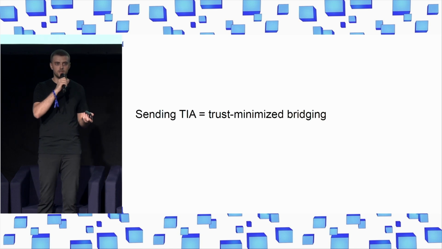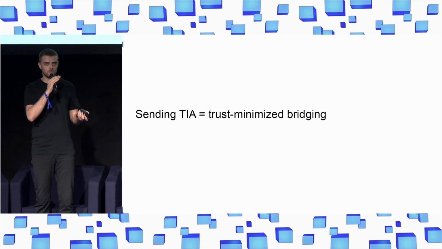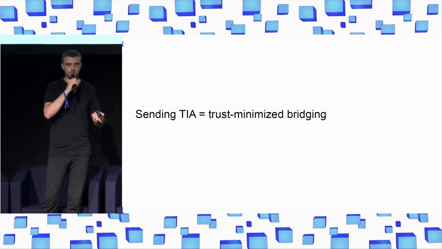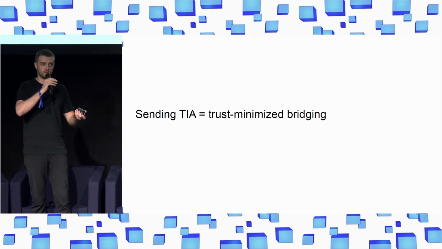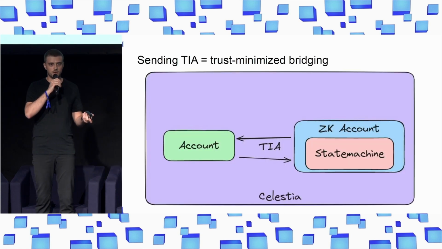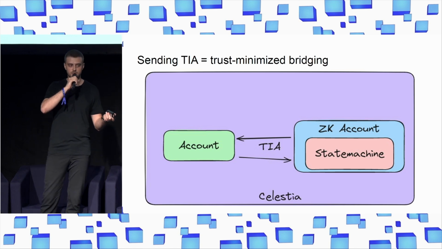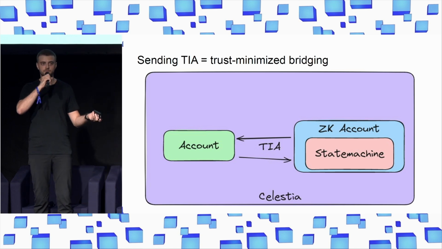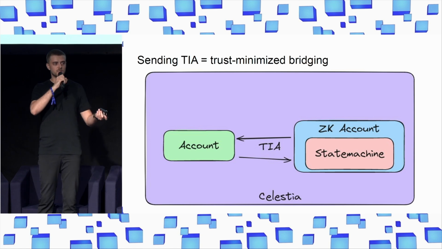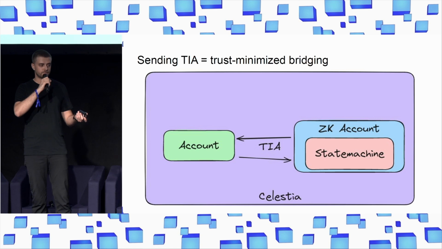You verify that something was true, and against that key, you are allowed to, in other terms, withdraw from the ZK account. So one thing that you can do is put any state machine into a ZK account, and you have a rollup, right? This is trust minimized bridging between an account and a rollup.